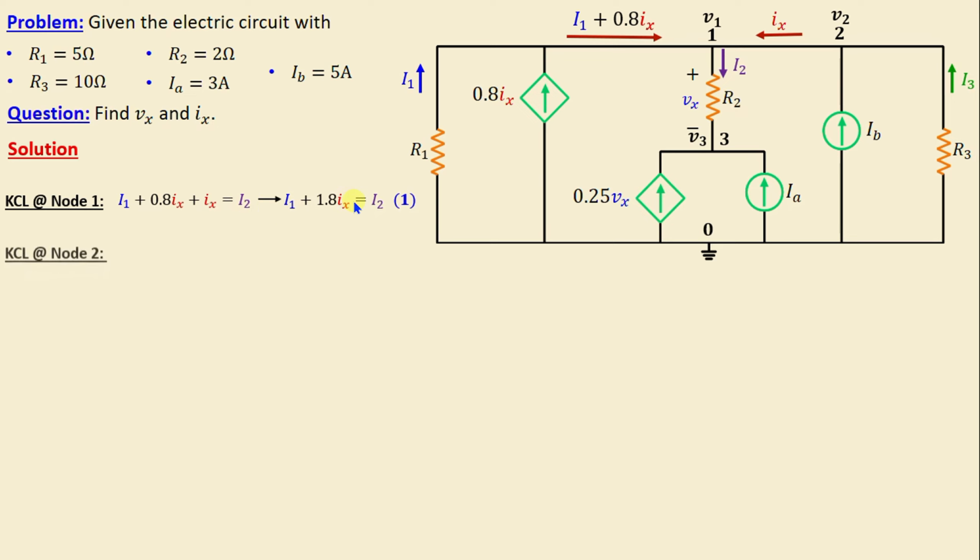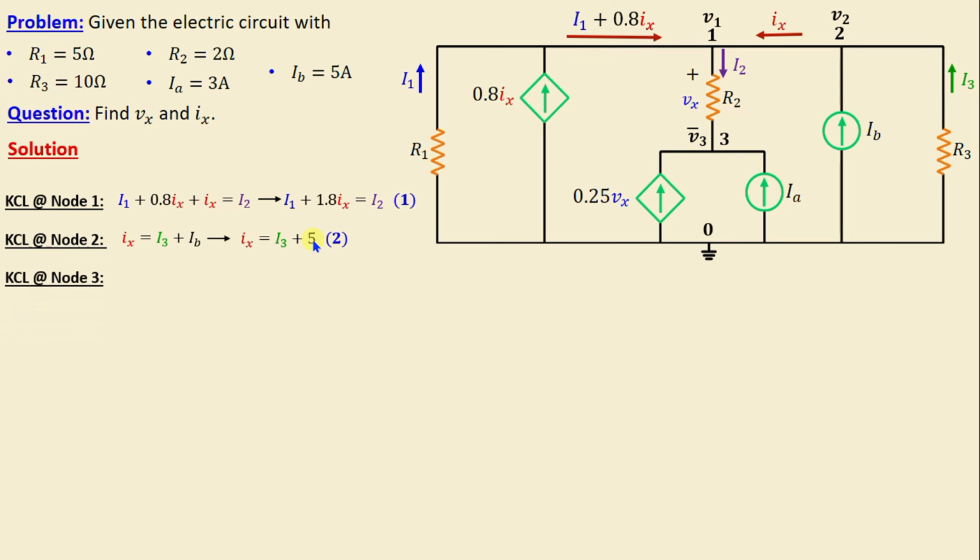Let's move on to node 2. By applying Kirchhoff's current law at node 2, we can write Ix is equal to I3 plus IB. And if we replace IB with its numerical value, we obtain Ix is equal to I3 plus 5.